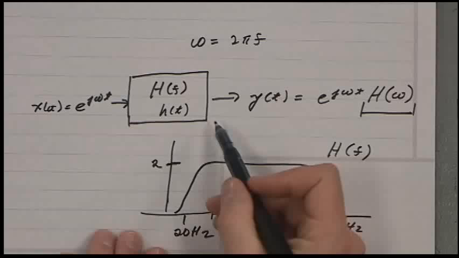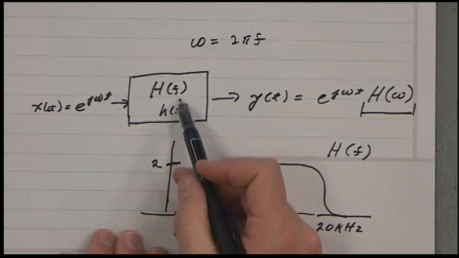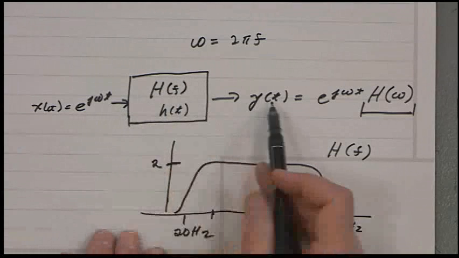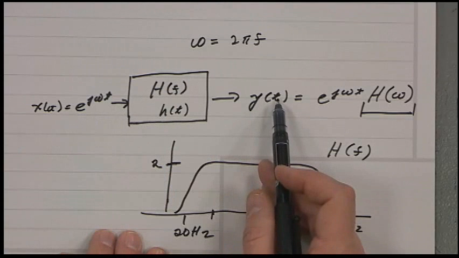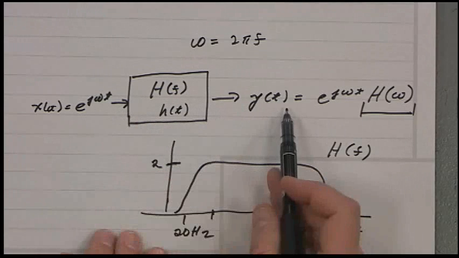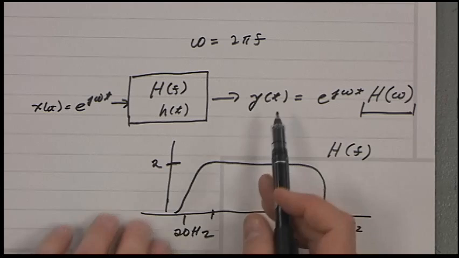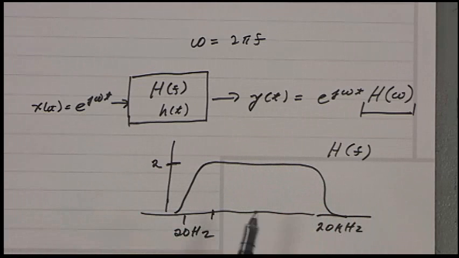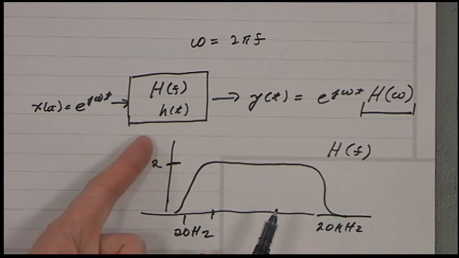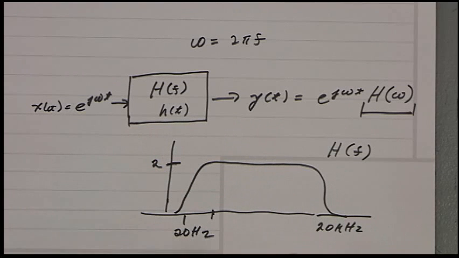So the frequency response of the system basically tells you, if you put a sine wave in, what you multiply by, what happens to the gain and the phase of that sine wave. That's what frequency response is. That's why you take the Fourier transform, because the Fourier transform converts convolution into multiplication. Instead of having the convolution of functions, you take the Fourier transform and you multiply them, right?